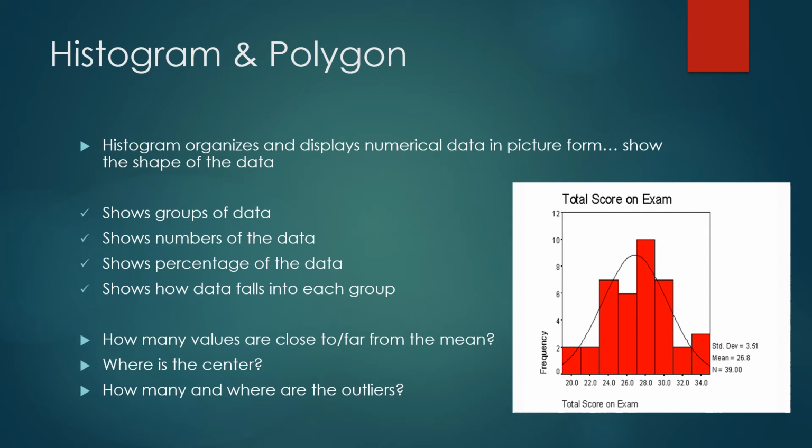And to see or show clearly how the data falls into each group, so how it's divided and falls into the categories. And with most histograms, you're able to create your curve. You're able to add that in there through SPSS.